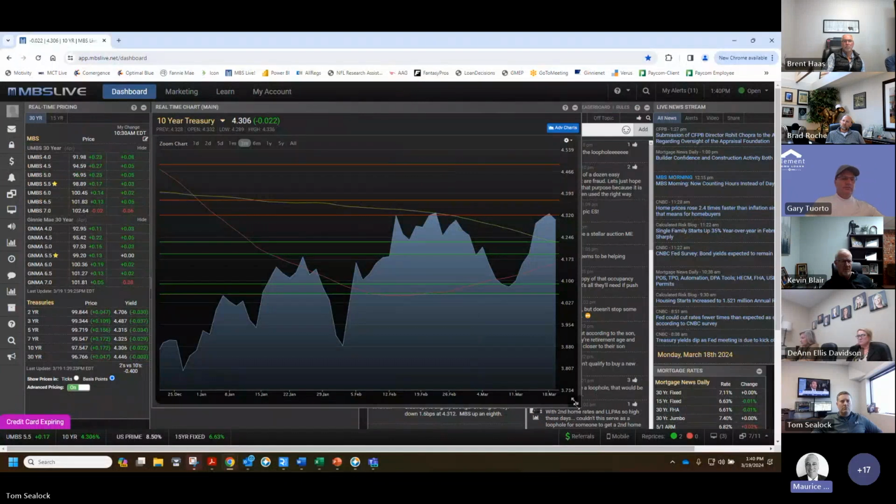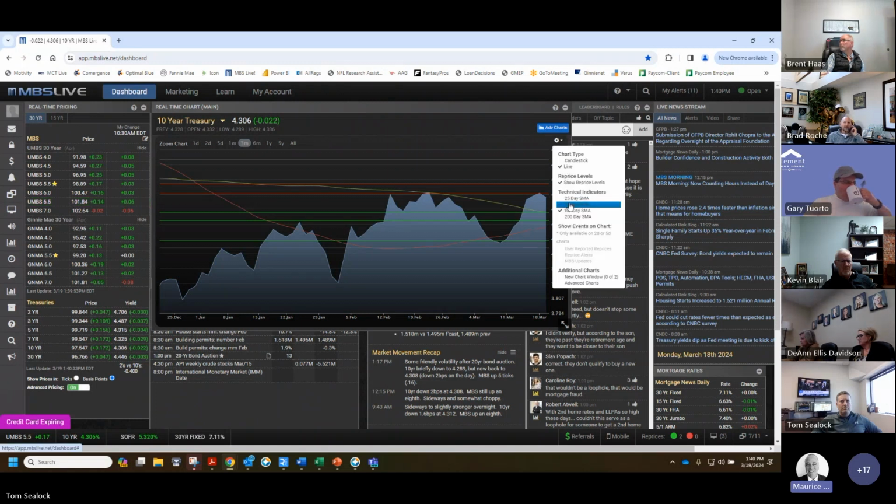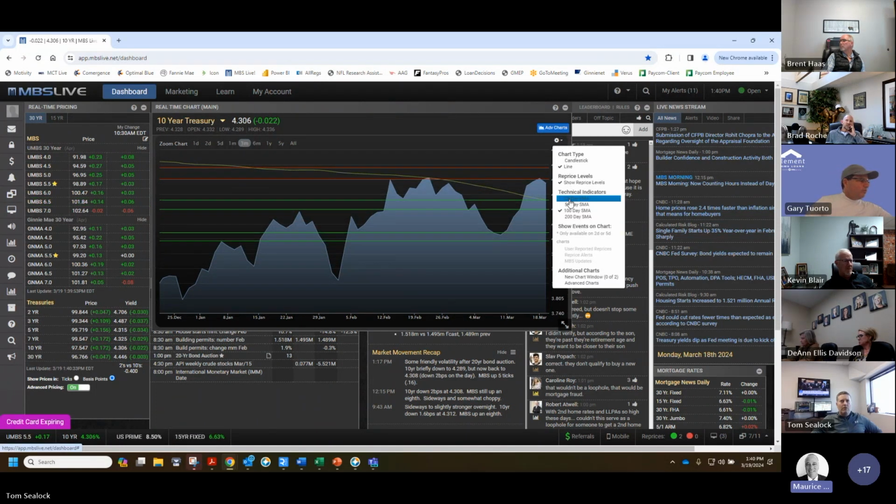For example, on the 10-year Treasury box, there's green lines at the very bottom and a red line at the top. Are those significant to any level, like moving averages? Can you blend that in your mind with what we've been accustomed to hearing, or should we be ignoring it?